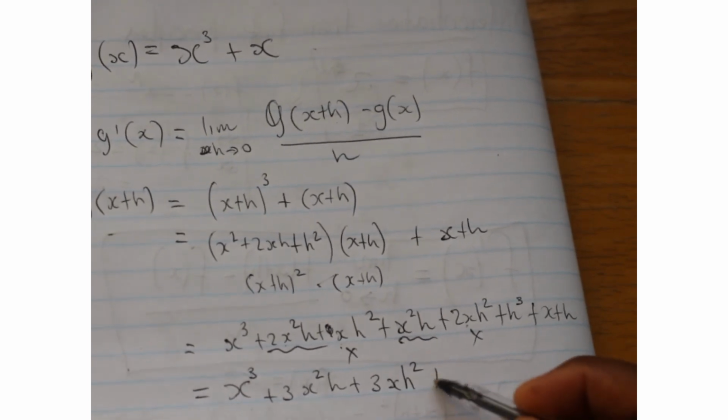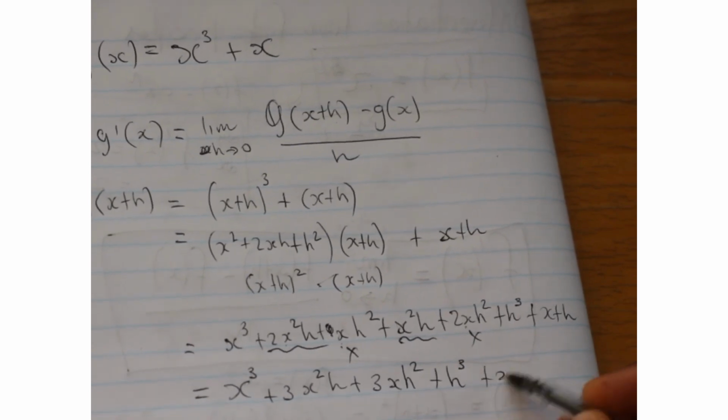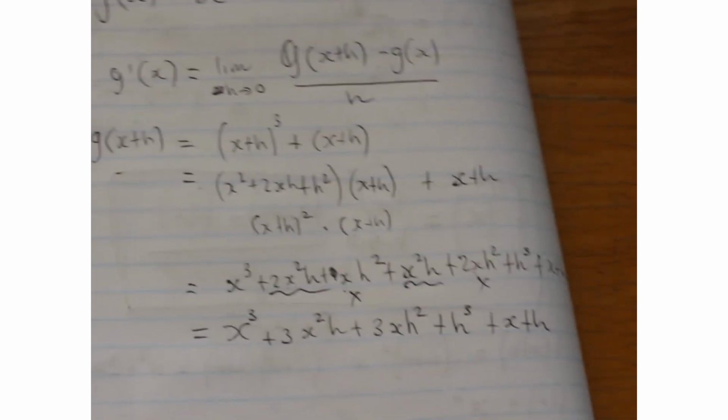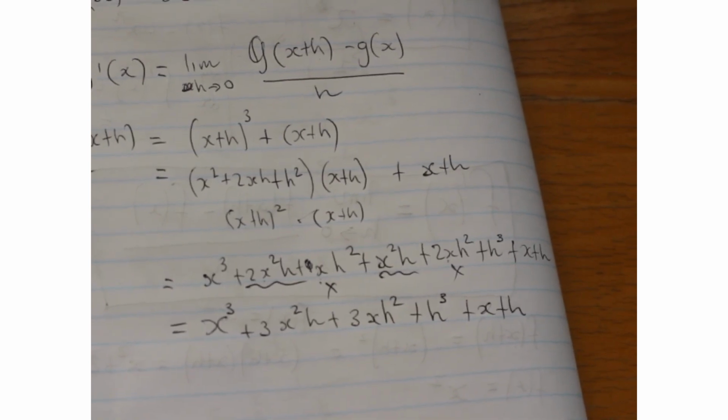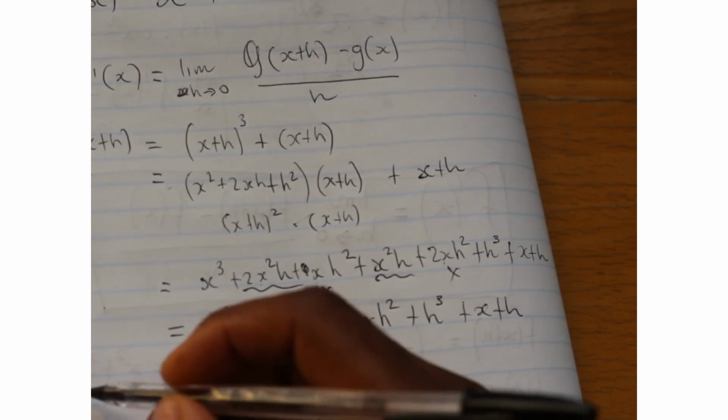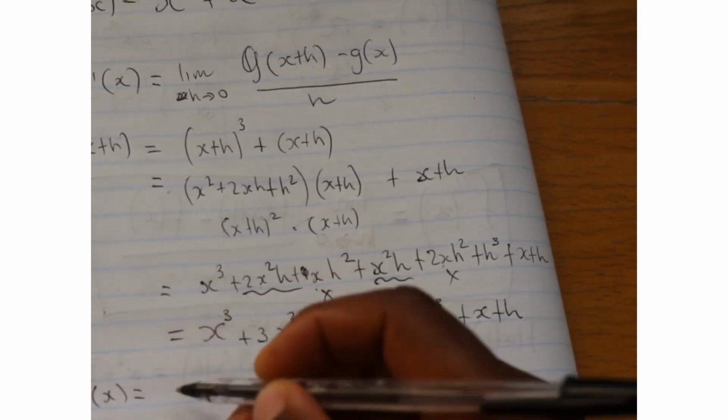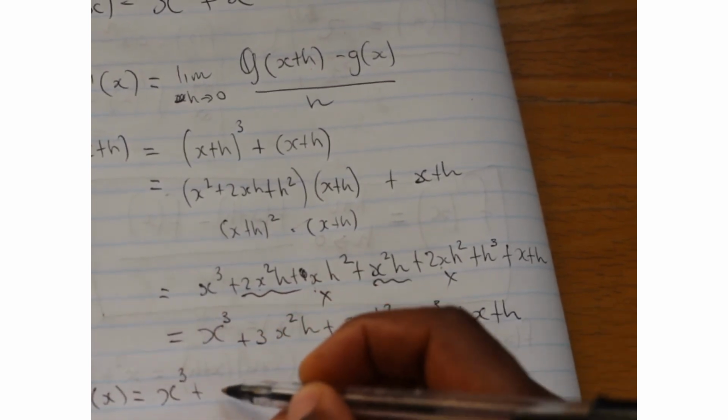So that's pretty much it, h cubed plus x plus h. So you can see that now there's quite a lot of algebra that we're applying. And then we know that our g of x is simply x cubed plus x.